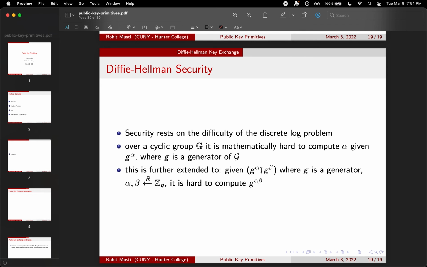That means the AI solved this problem: it calculated alpha given G to the alpha, where G is the generator of group G. And that problem is NP hard.